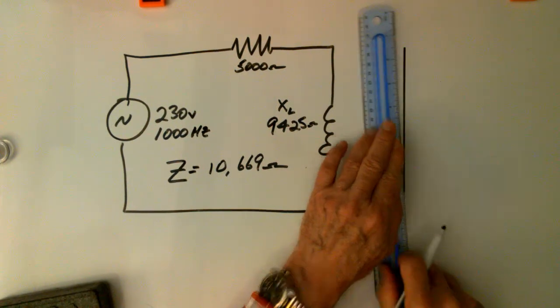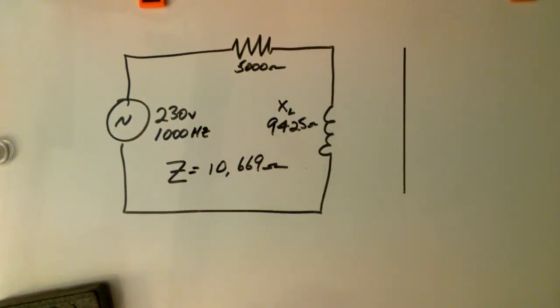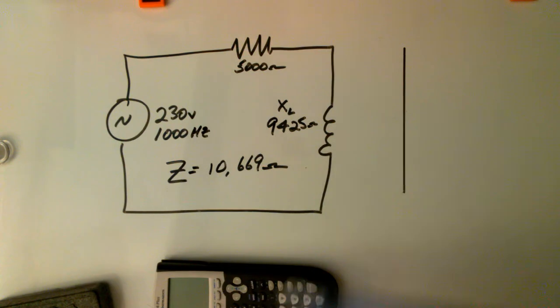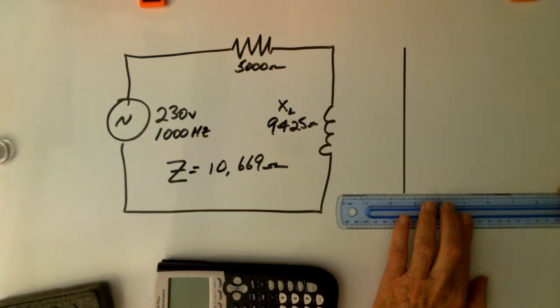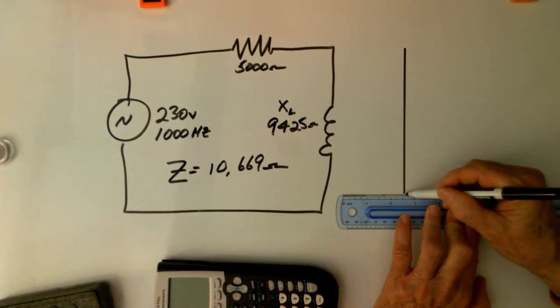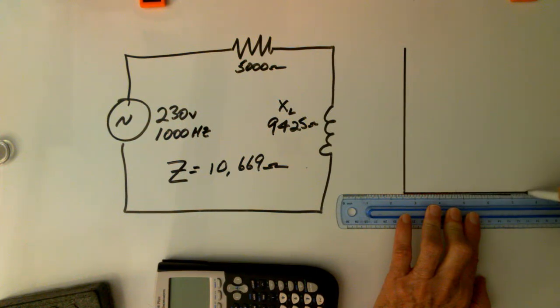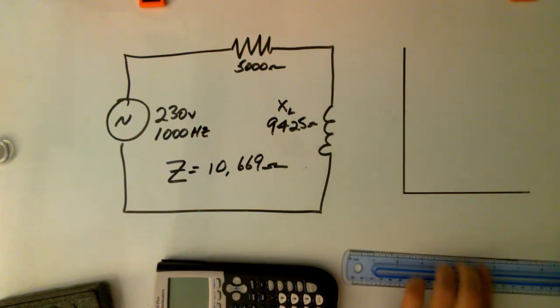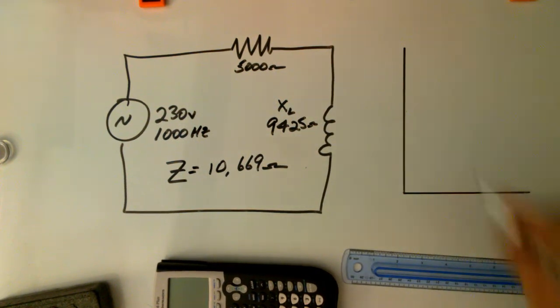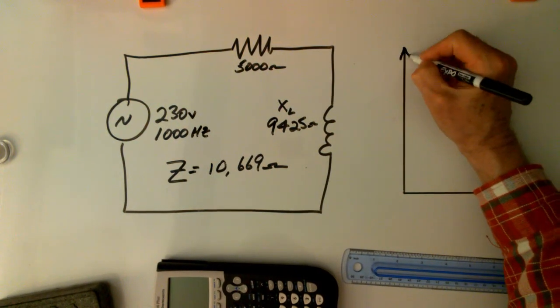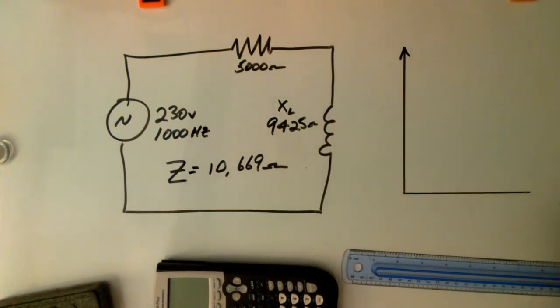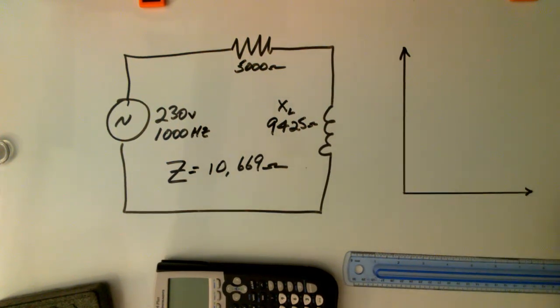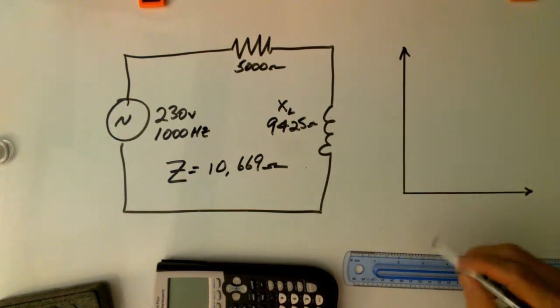Now I'm not going to draw this to scale. So, for this class, we're going to have a right triangle. These are two axes.